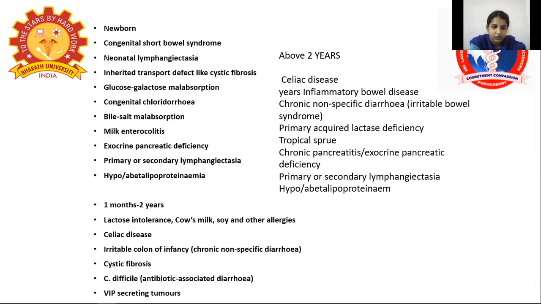And above 2 years of age: celiac disease, inflammatory bowel diseases, chronic non-specific diarrhea like irritable bowel syndrome, primary acquired lactase deficiency, tropical sprue, chronic pancreatitis, exocrine pancreatic deficiency, primary or secondary lymphangiectasia, hypo or A beta lipoproteinemia.